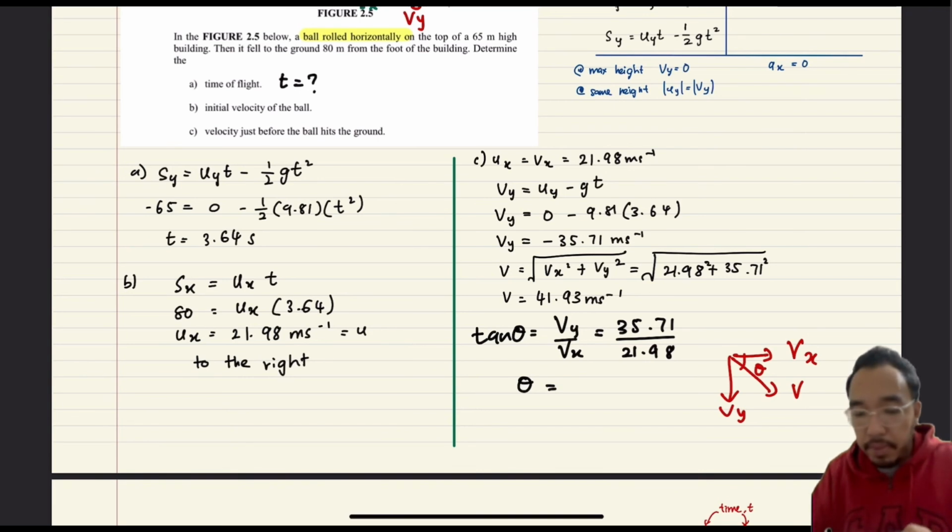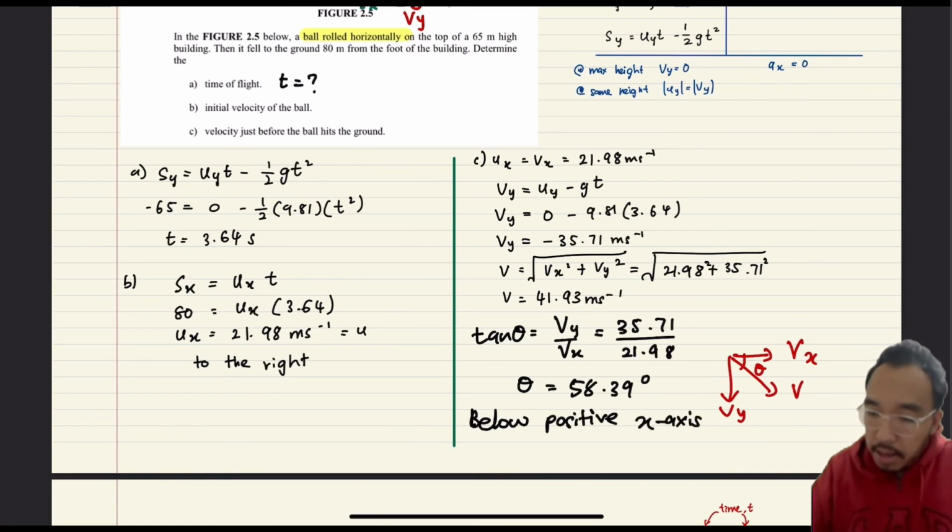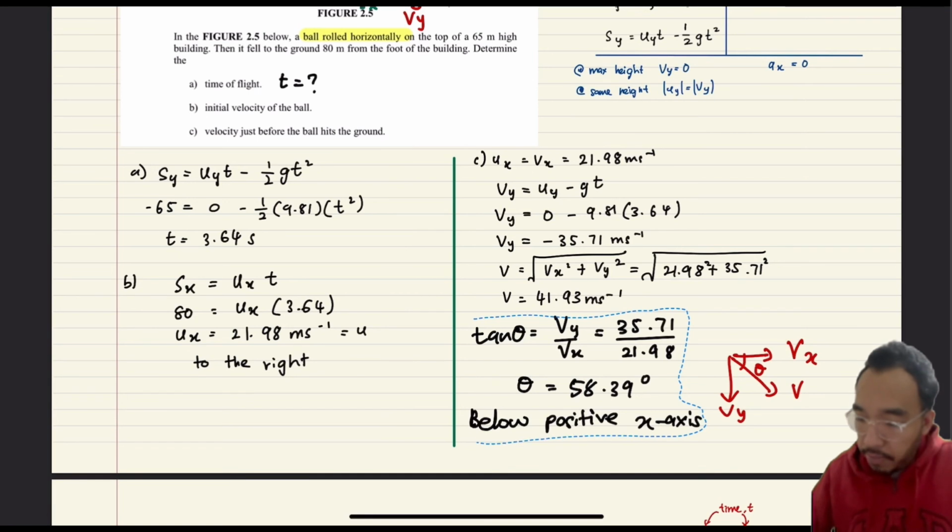Just double check the x and y. 58.39 degrees. This one means it's below the positive x-axis, so it makes sense, and it comes from the drawing itself. So that's why it's important for you to draw.